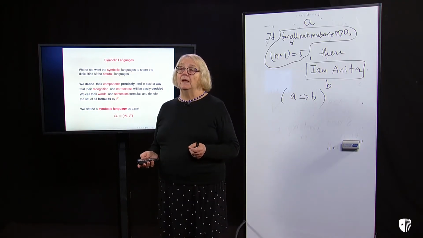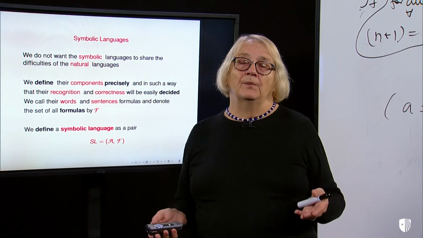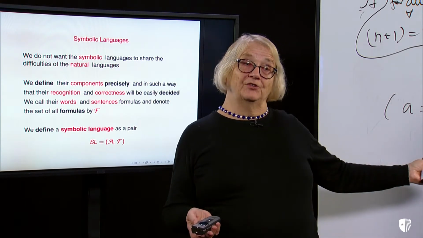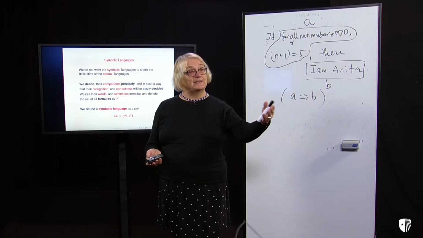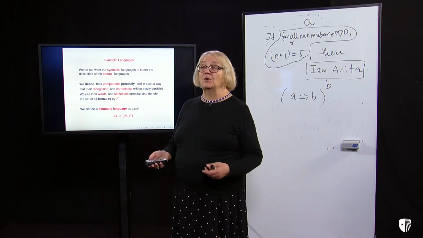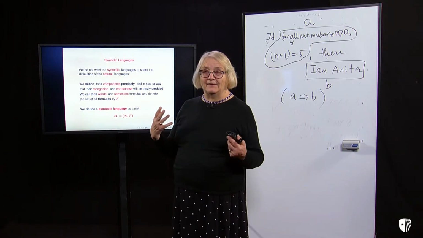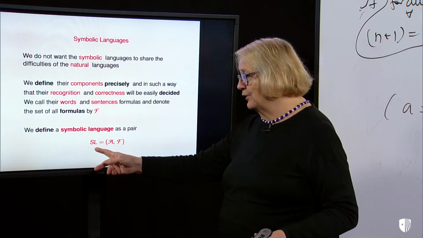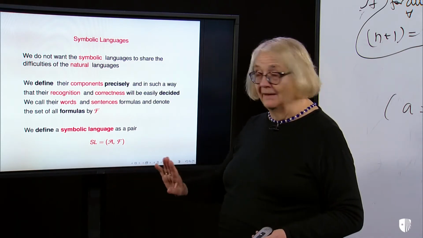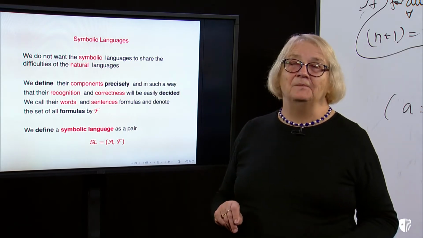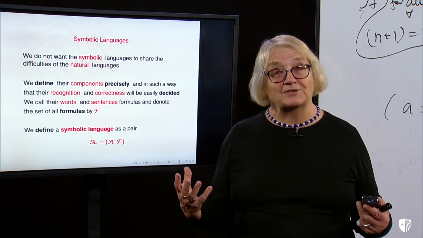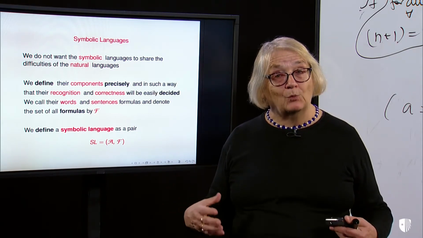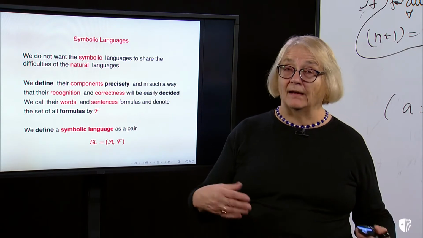And of course, we want to define it in a way that we can recognize whether it belongs to this language or that language. So we define a symbolic language as a pair: the alphabet, and the set of formulas. And the formulas we define in a way that we can recognize if something is a formula or not.